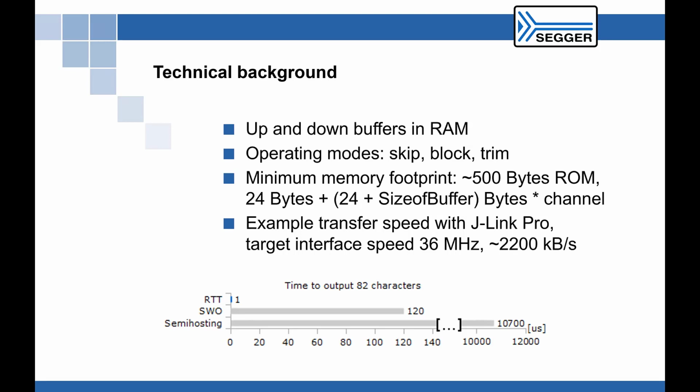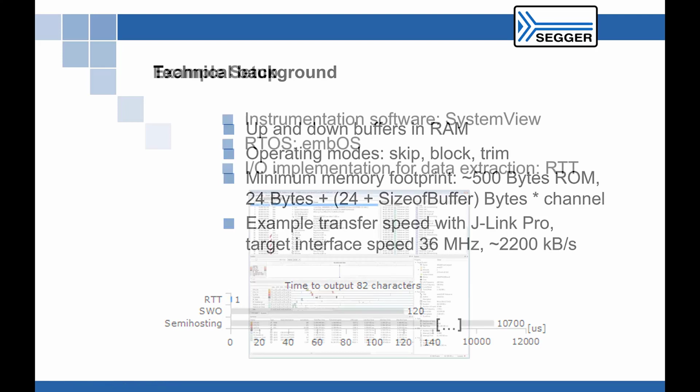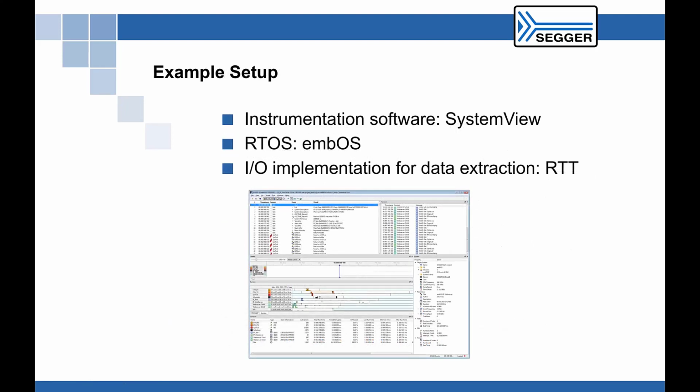This is simply time that is wasted in your application to output data to your host system, and the application is not doing its actual task. This is something you try to avoid. UART is missing on this slide, but UART is usually somewhere in between SWO and semihosting, so somewhere around here, just for clarification. So that's what software tracing essentially is.